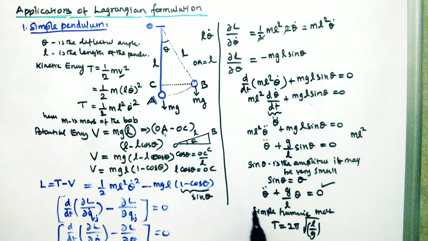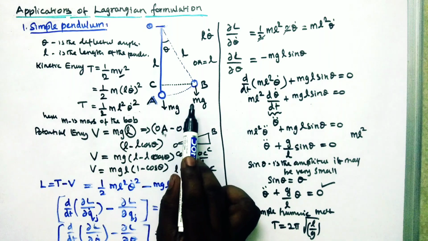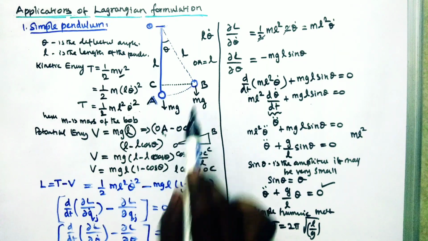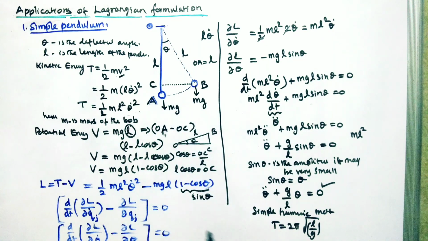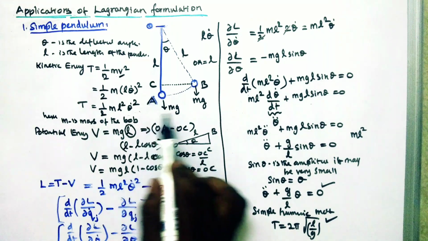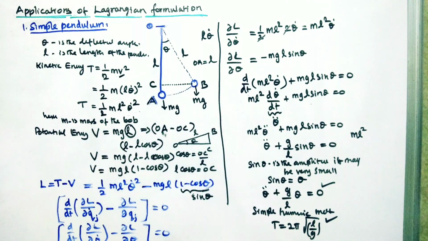Now suppose this oscillation is a simple harmonic motion, it will take the time period T equal to 2 pi root of L by g. That is the time period for angular simple harmonic motion. So that's all.